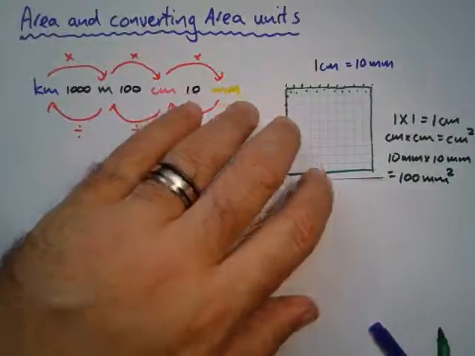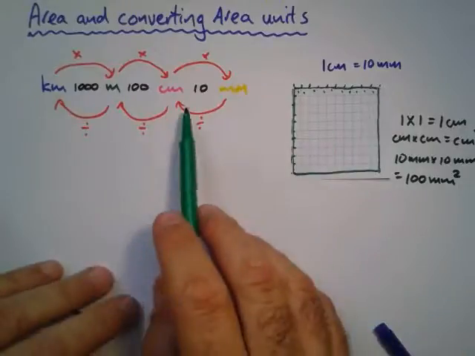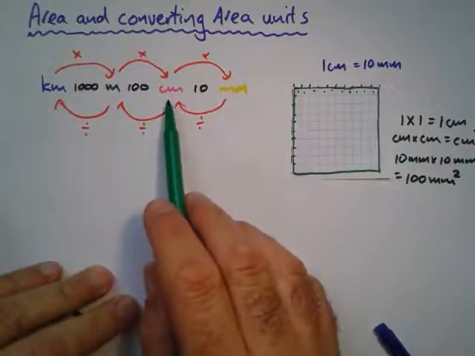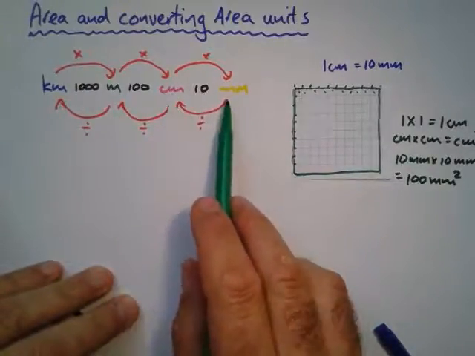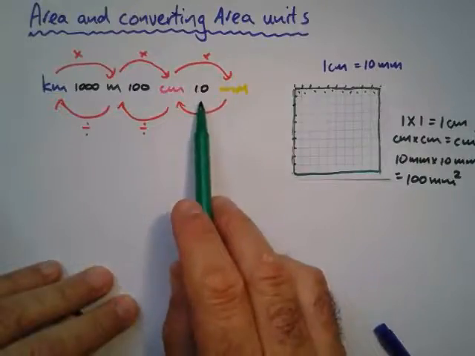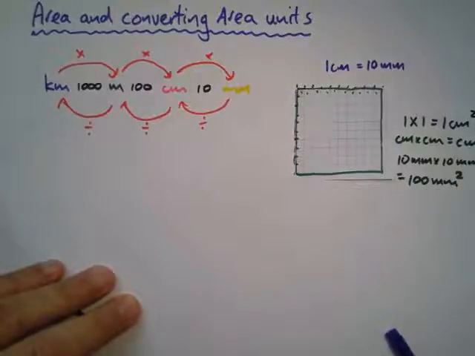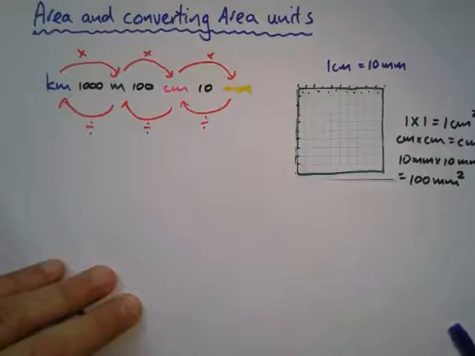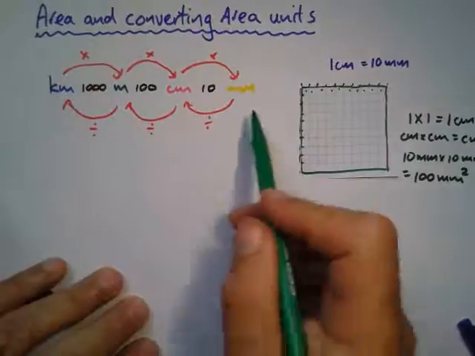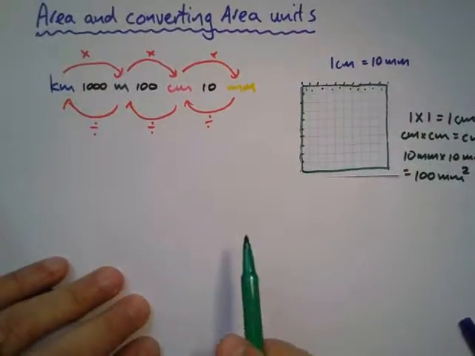So in area, when we go from centimeters to millimeters, I can't just multiply by 10, because 1 centimeter squared does not equal 10 millimeters squared. It actually equals 100 millimeters squared, which means we'll have to adapt this.